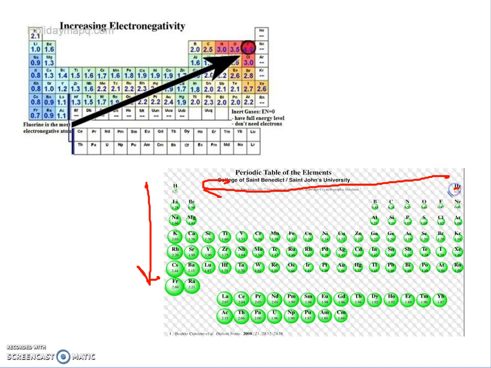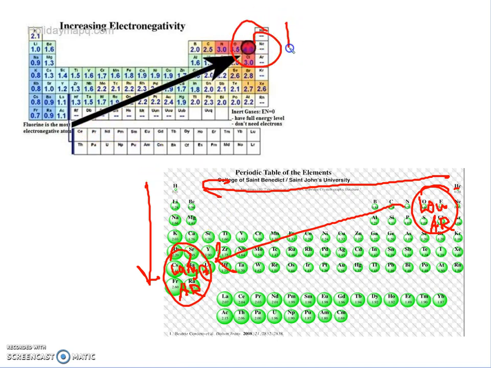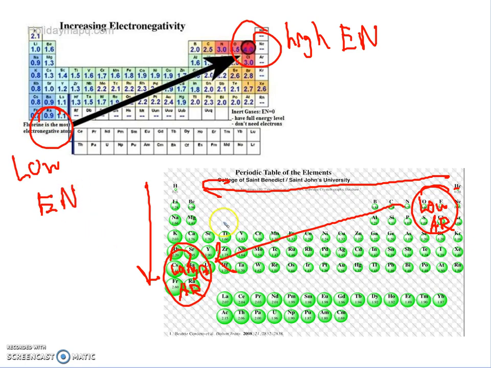So actually the lowest atomic radius is in the top right, and the largest atomic radius is in the bottom left. And then electronegativity actually has the opposite pattern. So high electronegativity is in the top right, and low electronegativity is in the bottom left.